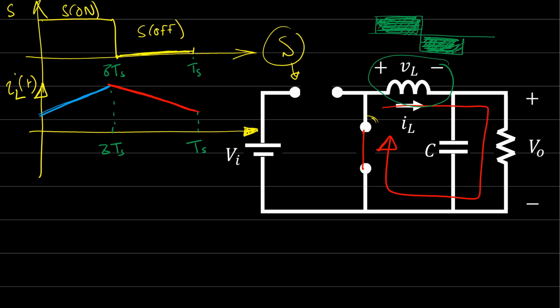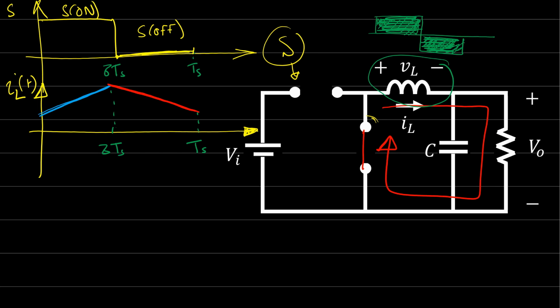Again, to achieve a steady-state operation, the average current in the capacitor and the average voltage in the inductor must maintain zero. Otherwise, the capacitor voltage will keep increasing and the inductor current will keep increasing until the waveform loses control and the capacitor or the inductor will be damaged.